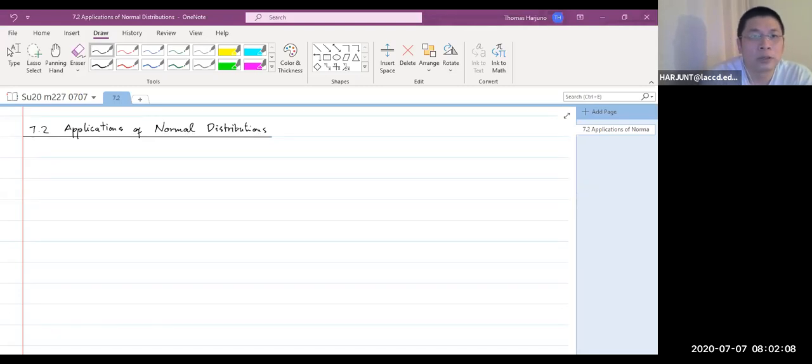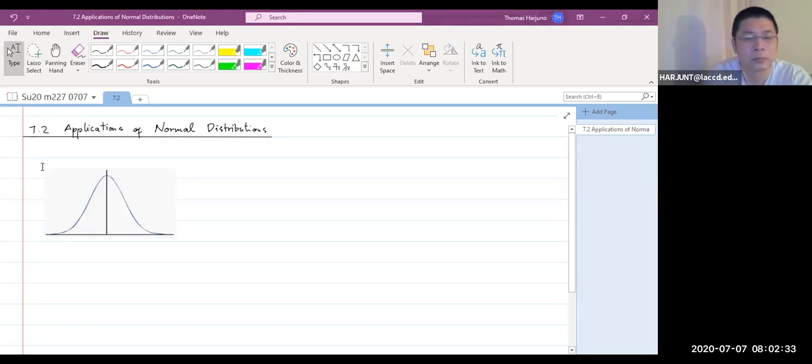Normal distribution curves. This is what we had before. Of course, we don't really see the difference in shape for now. So let's say this is the standard normal distribution. Of course, the mean is 0.